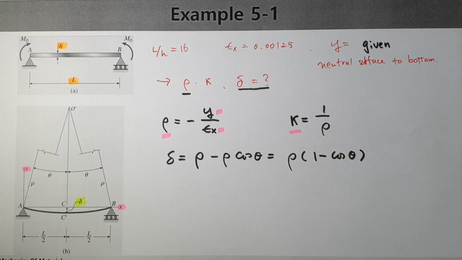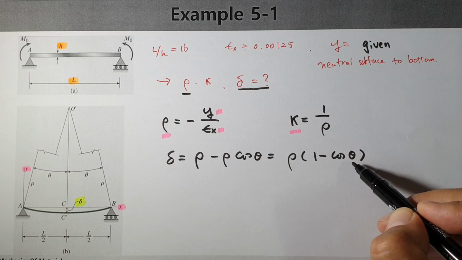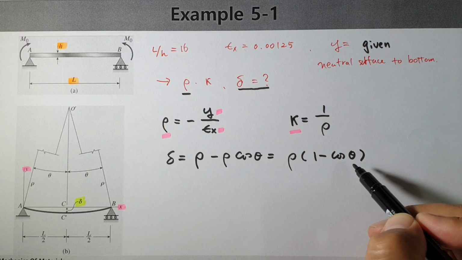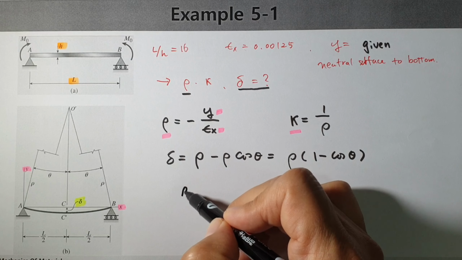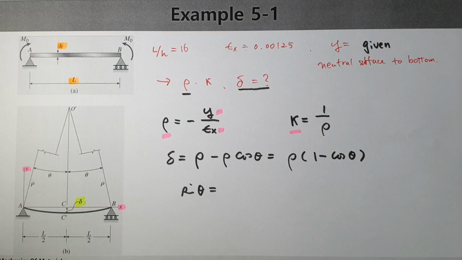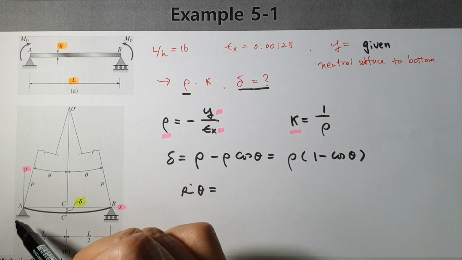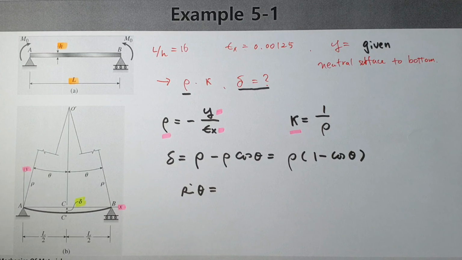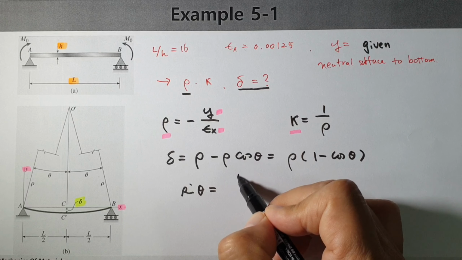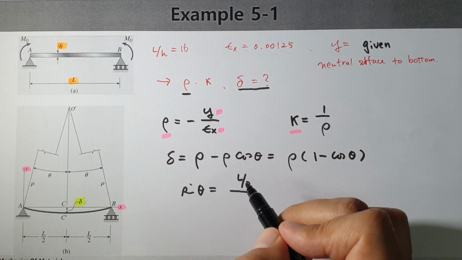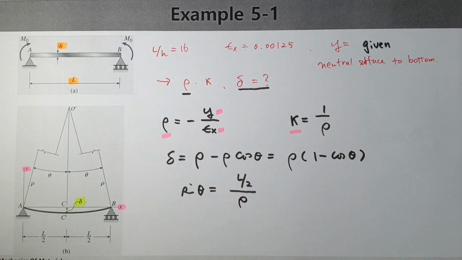And next, when you know the theta value, then we can find delta. In order to find the theta value, we can calculate sine theta. Sine theta is L over 2 divided by rho.